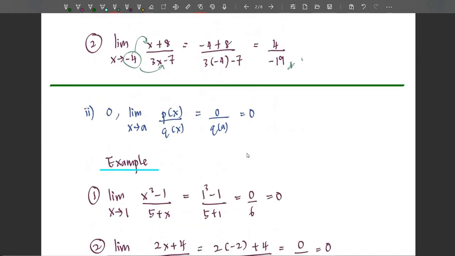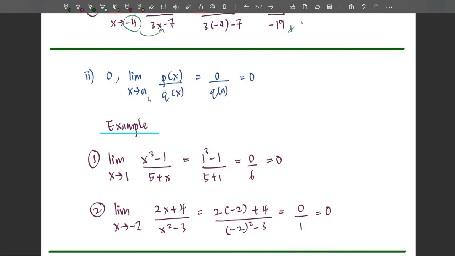The next one: when you determine p(x) over q(x) when x approaches a, and you have 0 over q(a), which means 0 over any value, it will be equal to 0 because 0 divided by anything is going to be 0.